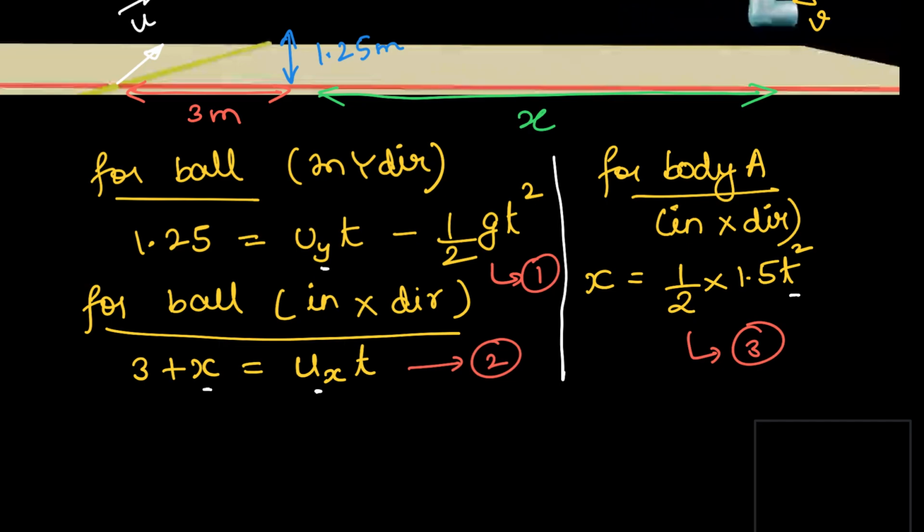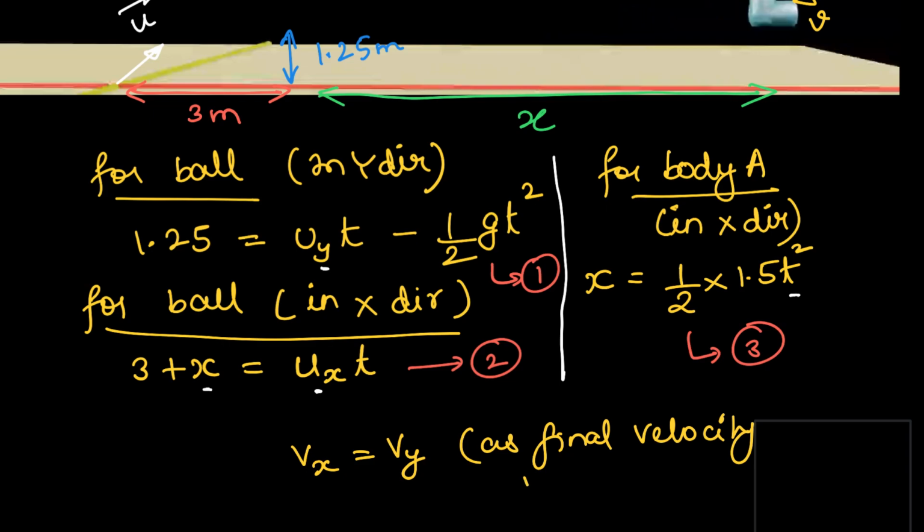The horizontal component and the vertical component of the velocities are same. So we can say Vx equals to Vy as final velocity makes 45 degrees with horizontal.